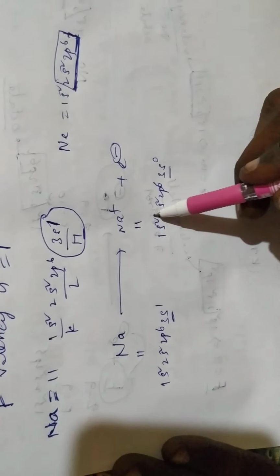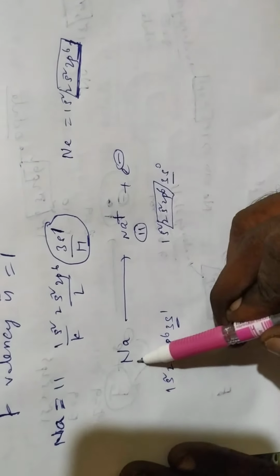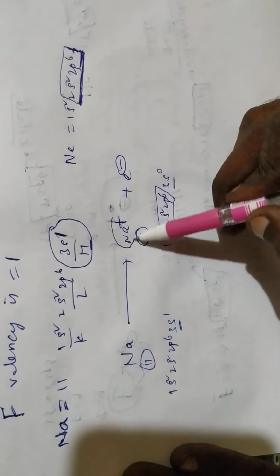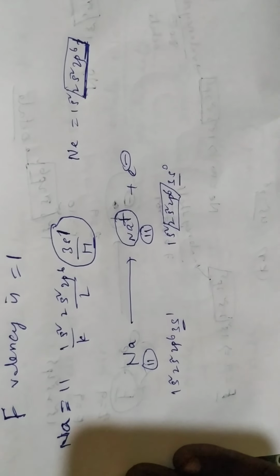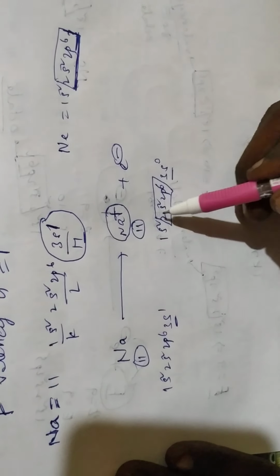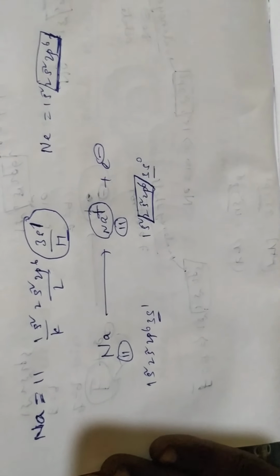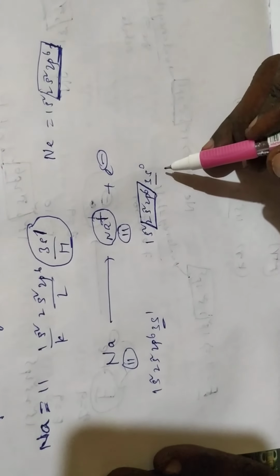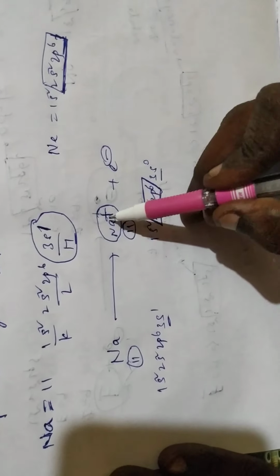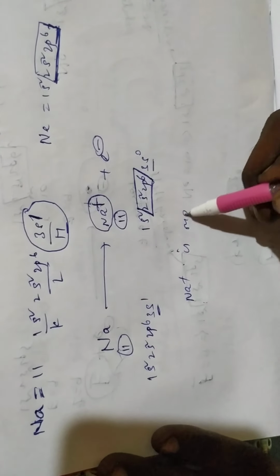The atomic number is 11 in both, but the ion gets a neon-like electron configuration. The sodium ion is still a sodium ion, not neon, but its electron configuration looks like neon, giving stability. So Na plus is more stable than Na.